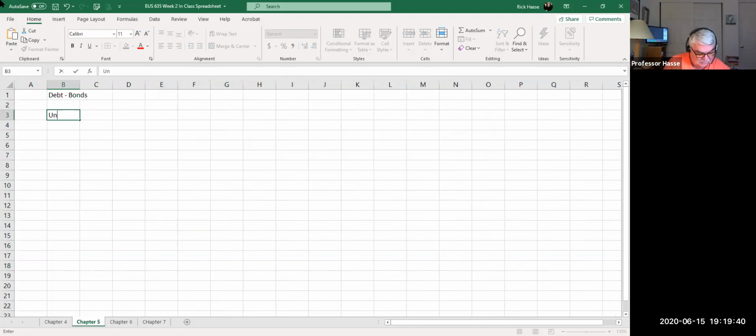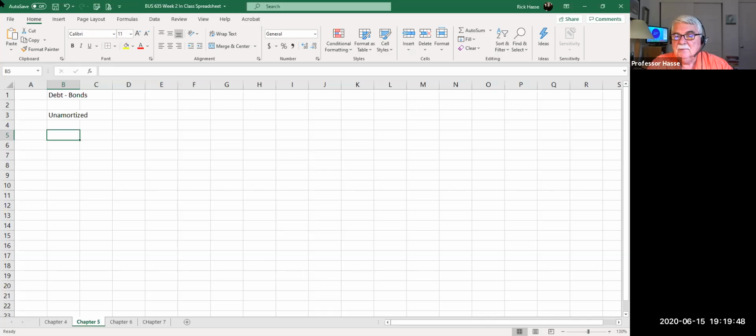Because they're unamortized. There's an MBA word for you. Unamortized. What does unamortized mean? Principal is due at maturity. Only interest is paid during the life of that debt. Principal paid at maturity.